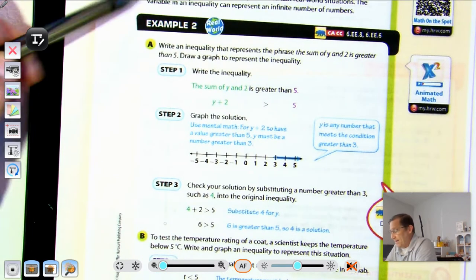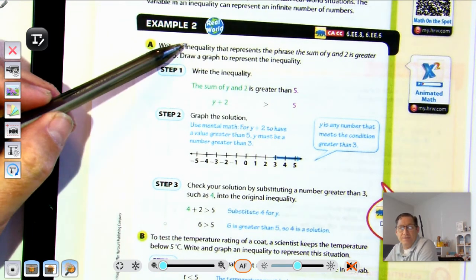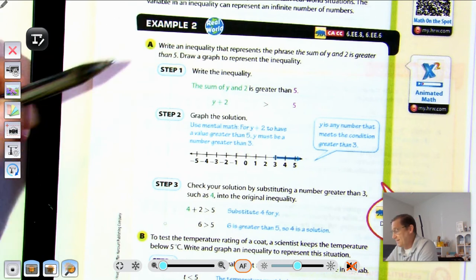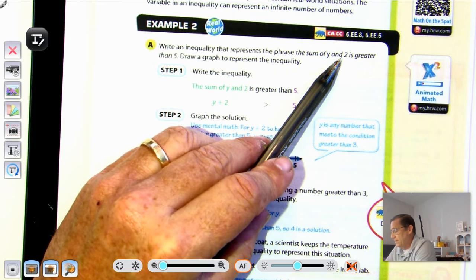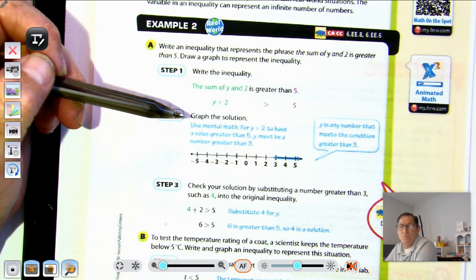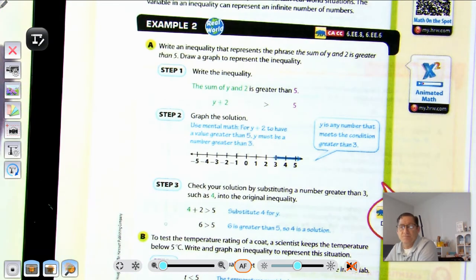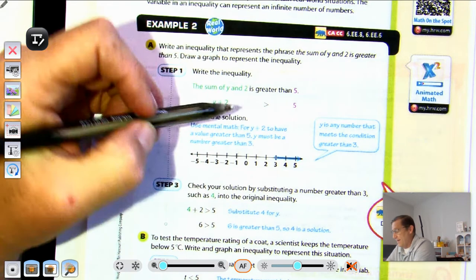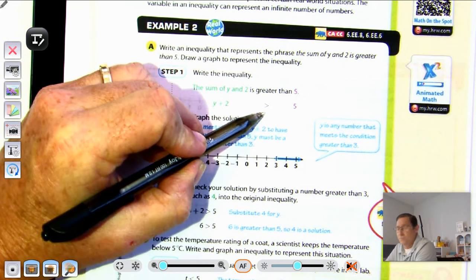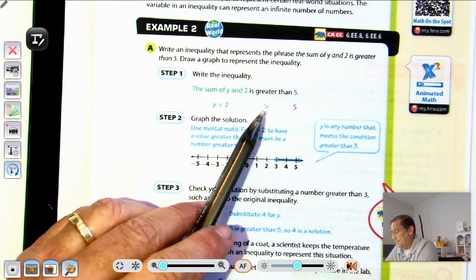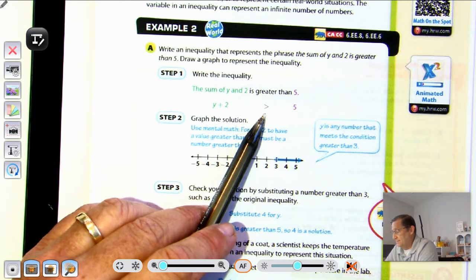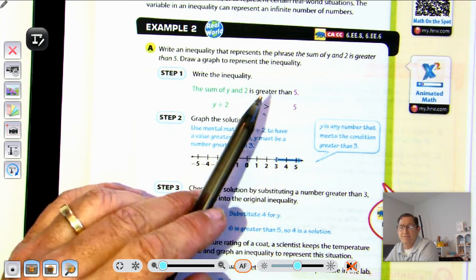So here, A, write an inequality that represents the phrase, the sum of y and 2 is greater than 5. Well, the sum of y and 2 is y plus 2. Is greater than, we would use the greater than symbol, and greater than 5. So in this, we see that the solution has to be greater than 5.